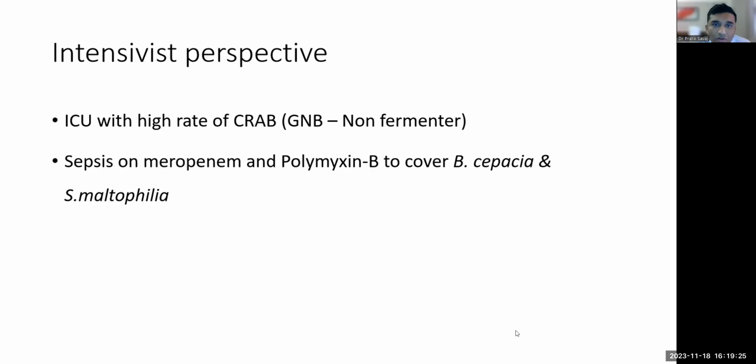Initially, the majority of ICU infections start with gram-negative organisms, and the most common pathogen is from the Enterobacteriaceae group. But if there is a new onset of sepsis on meropenem and polymyxin B, you have to consider these atypical pathogens and fungal infections.